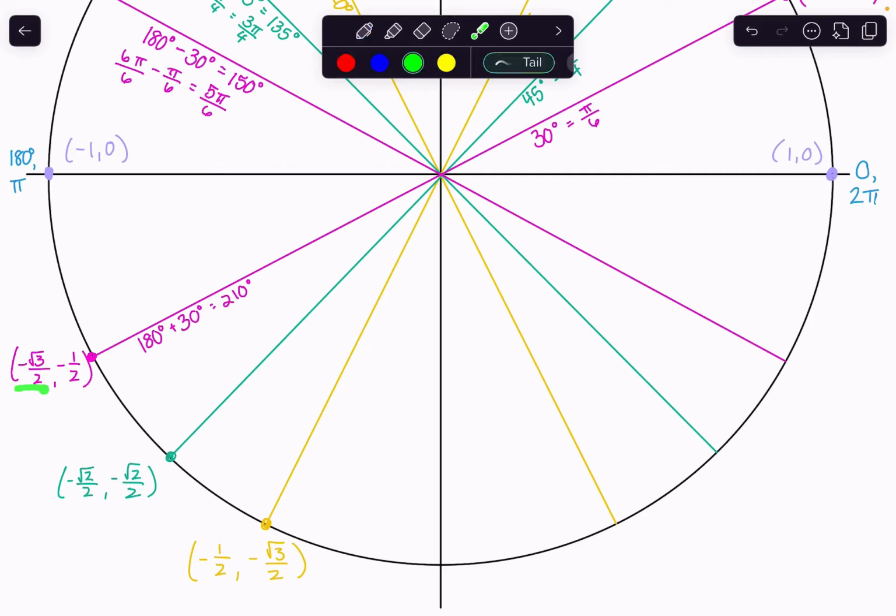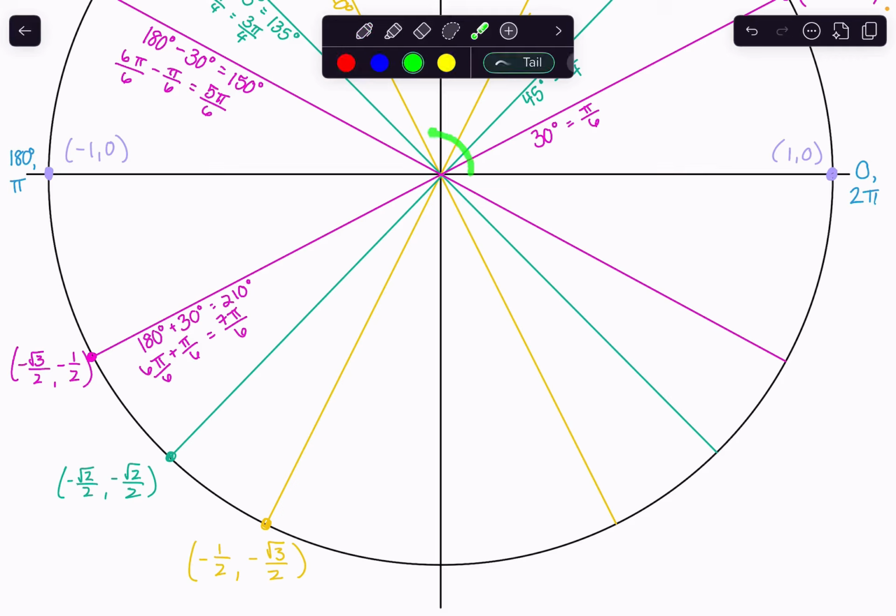So cosine of 210 is negative root 3 over 2. And then sine of 210 is negative a half. To deal with radians, we go pi plus 30 degrees, which is pi over 6. So again, you can make this over 6 if you want, but this is 7 pi over 6.